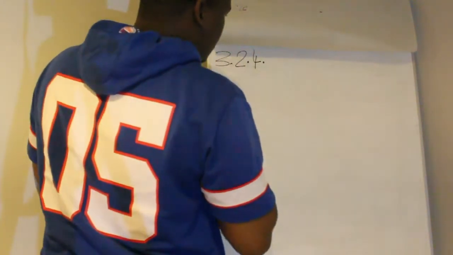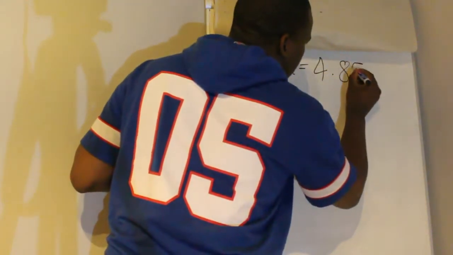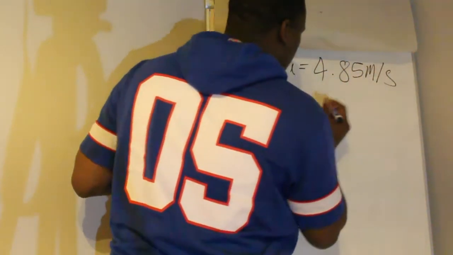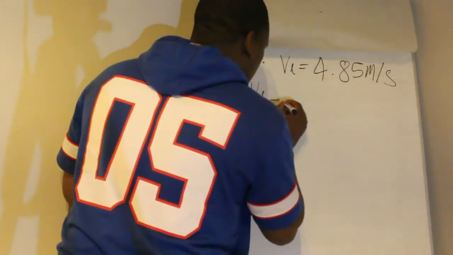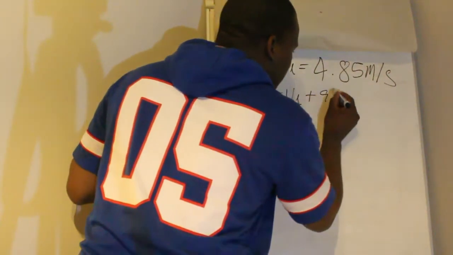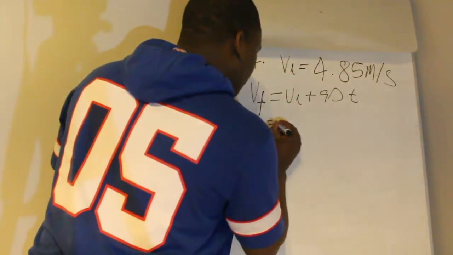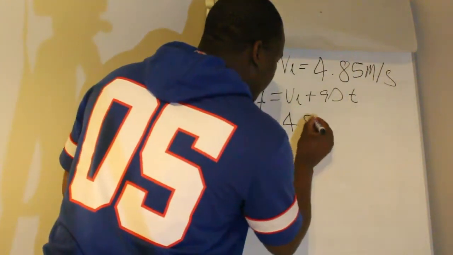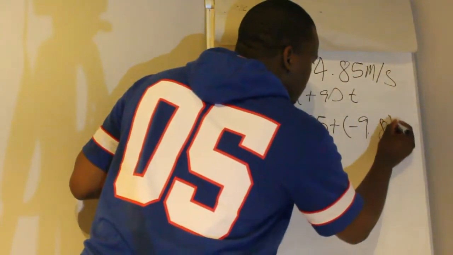So we said, okay, Vi is equal to 4.85 meters per second. So Vf is equal to Vi plus a delta t. So Vf is 0, Vi is 4.85 plus a, which is negative 9.8, delta t.